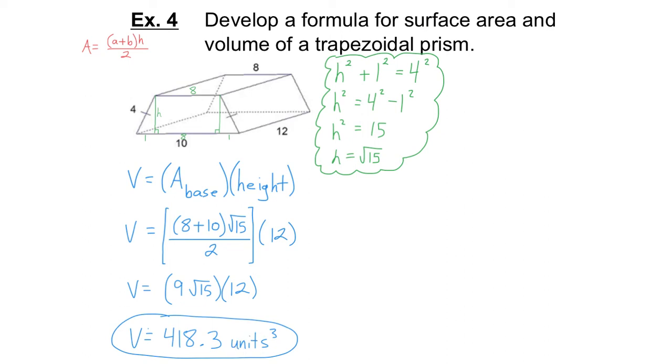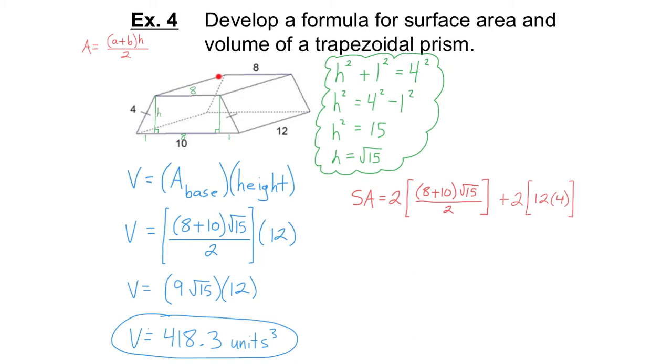All right, now let's try surface area. It's going to be a little bit easier. Remember, surface area is just the total of the area for each surface. Okay, so I've got two trapezoids that are the same. I have a rectangle over here that's 12 by 4, and the same on the other side, 12 by 4.